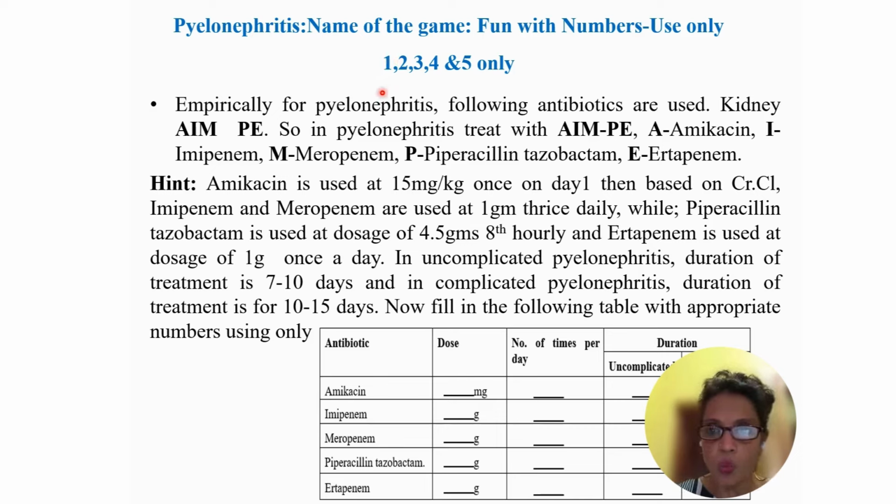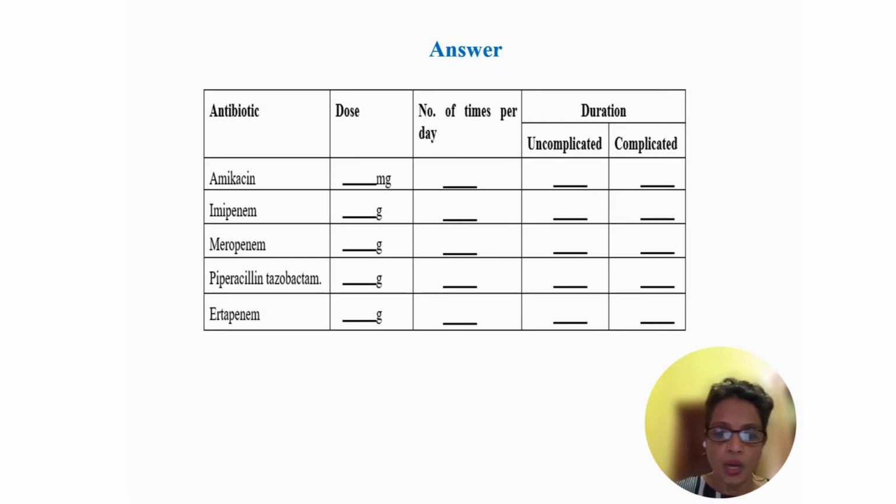So now let us see how we can do it. Now here amikacin is represented as 15. Sorry, I have to take the pen. So here I represent amikacin as 1, 5 because you're supposed to use numbers 1, 2, 3, 4 and 5 only, or you can also write it as 3 into 5 to represent 15.